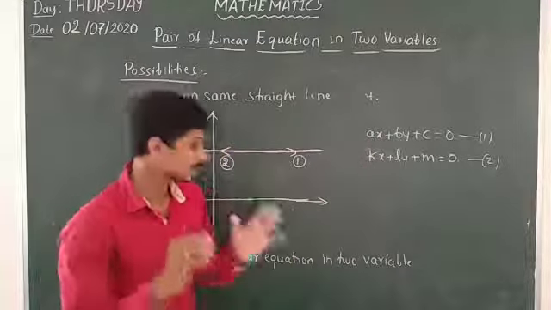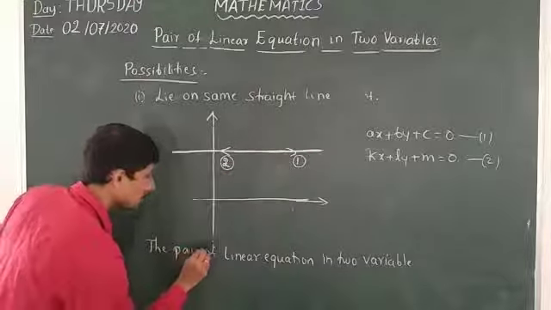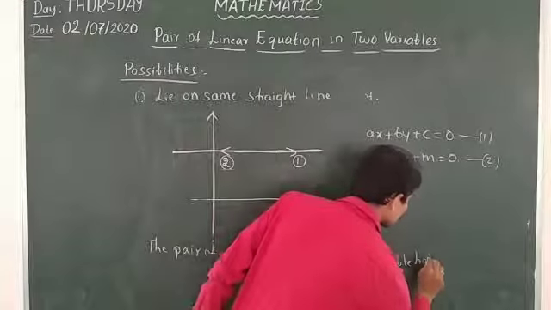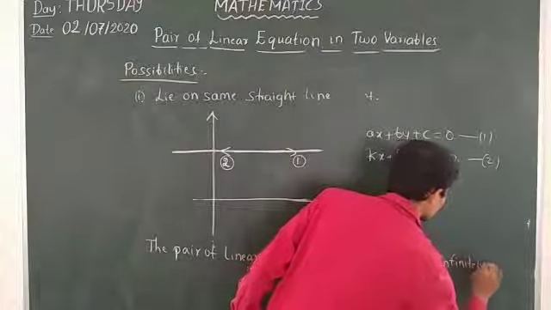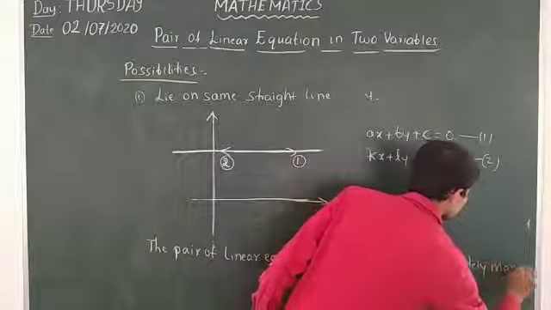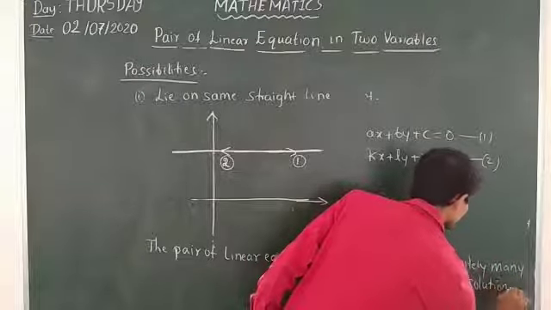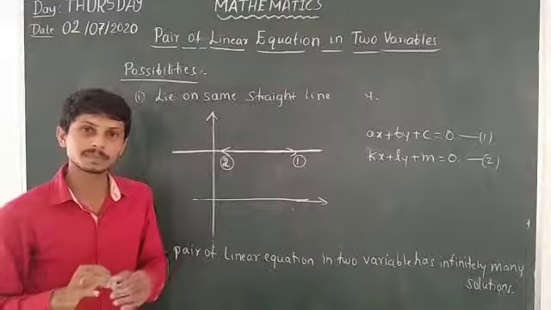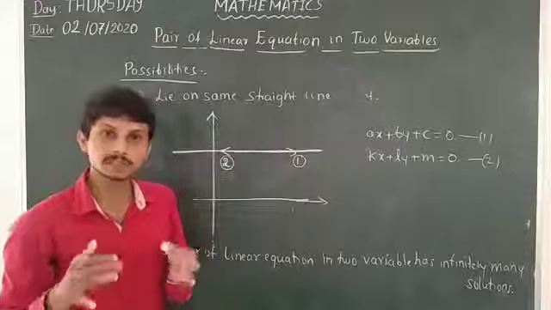That means here the pair of linear equations in two variables has infinitely many solutions. These are the three possibilities we will get in our future problems.